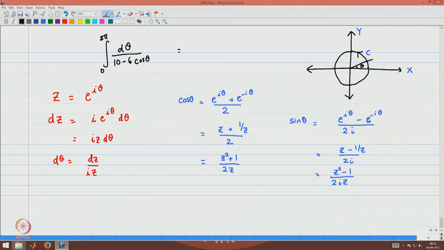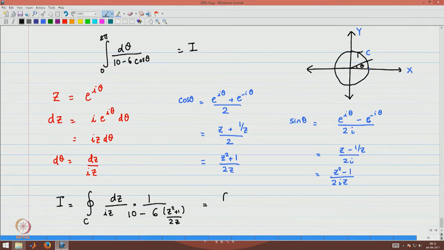So, if we call this integral I, this is an integral over a closed contour. Now, dθ is dz divided by iz, and what you have is 1 over 10 minus 6 cos θ. Now, cos θ I can write as (z² + 1)/(2z).